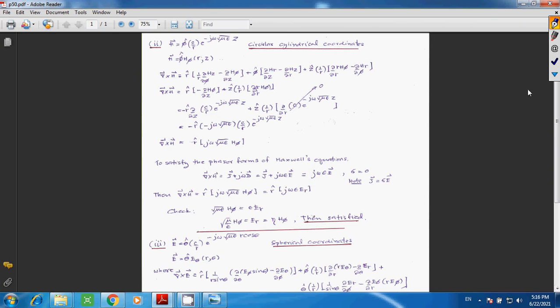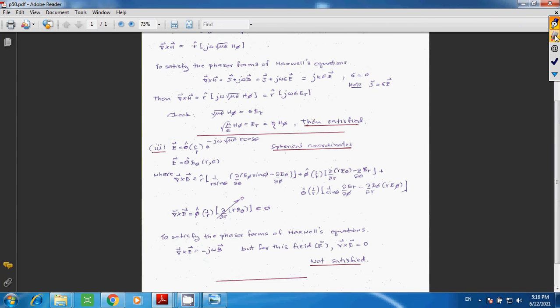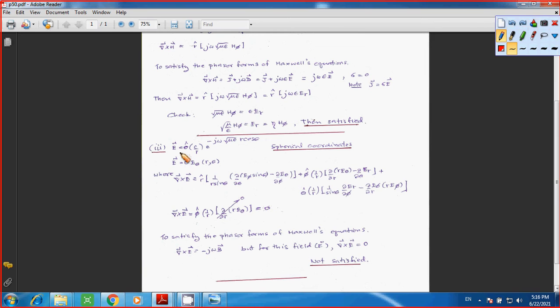Now for the electric field equal to unit vector theta, C over r exponential negative j omega square root mu epsilon r cosine theta, in spherical coordinates, this is curl E for a spherical coordinate.